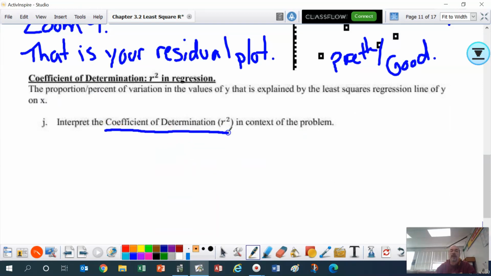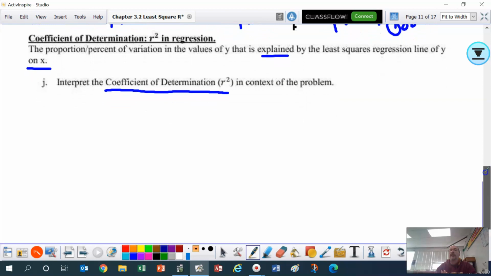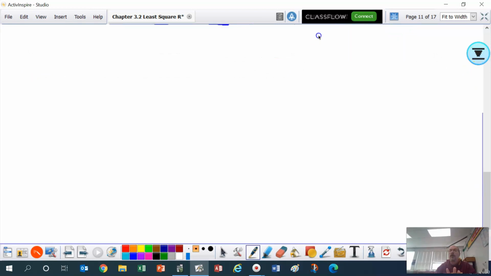Coefficient of determination. What is it? The proportion of variation in the values of y that is explained by the least squares regression line of y on x. Actually, I'm not going to talk about the problem we're looking at here. I'm going to make up a problem. So I'm going to go down a little ways.